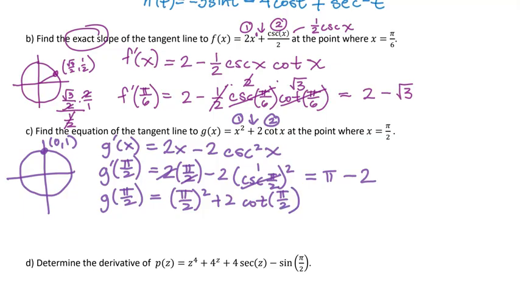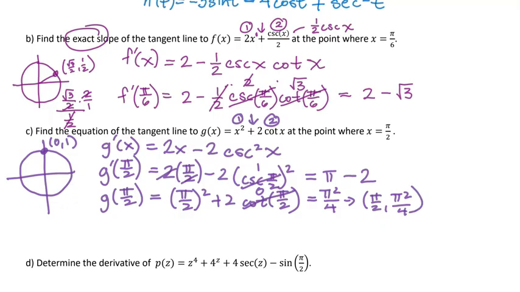Okay, so cotangent of pi over 2. Cotangent is cosine over sine, which is 0 over 1, so this is just 0. So my point is, well here, let me write this first. So this just equals pi squared over 4, and my point is pi over 2, pi squared over 4.